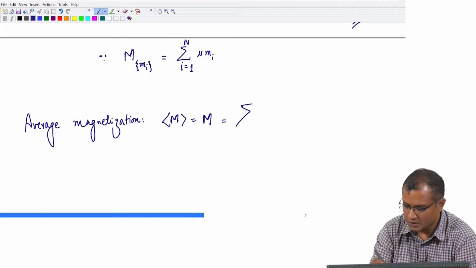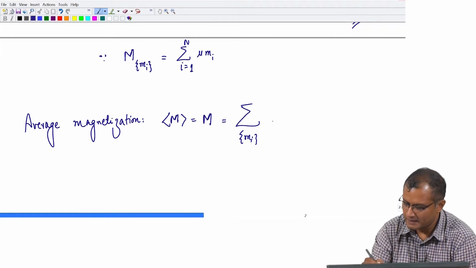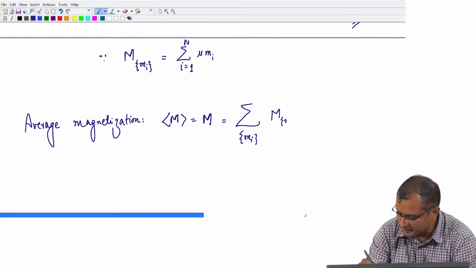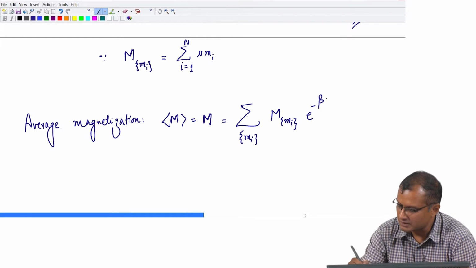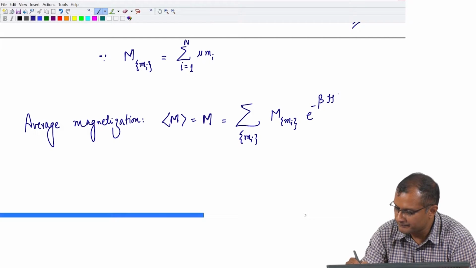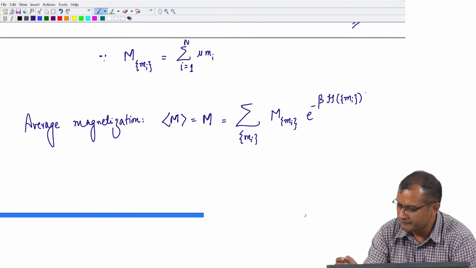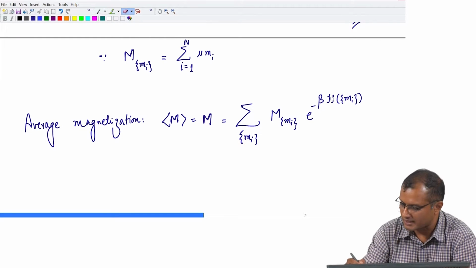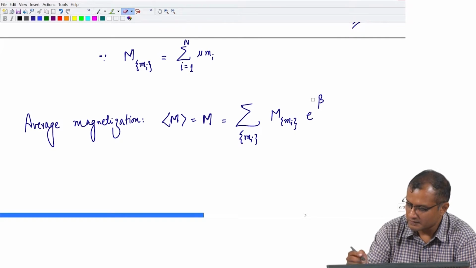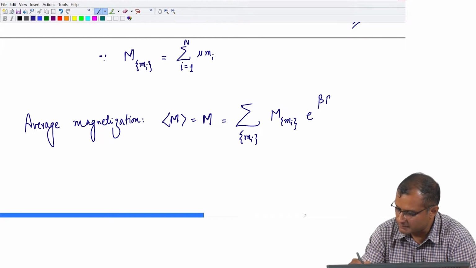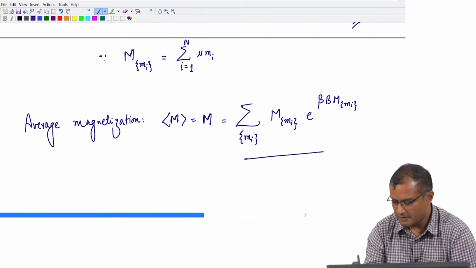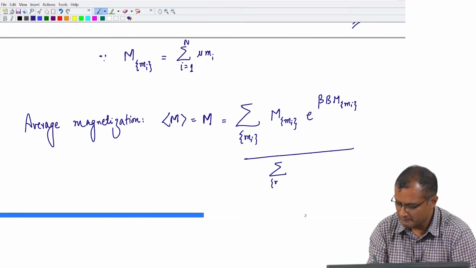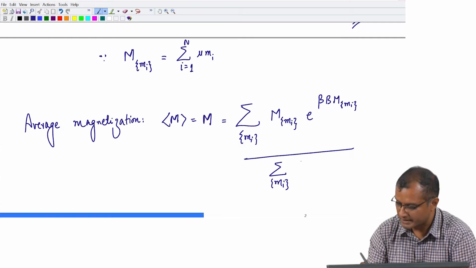It is nothing but summation over all the microstates, magnetization of the microstate that is being summed over, e to the power minus beta into the energy scale, and I know this energy scale has already been written as beta b into mu magnetization of the muth microstate, which is a set of mi's, divided by our partition function, because this is the normalization of the probability, that is all.